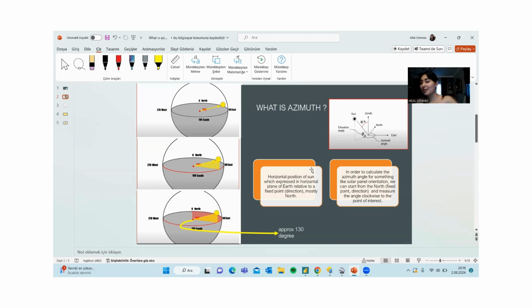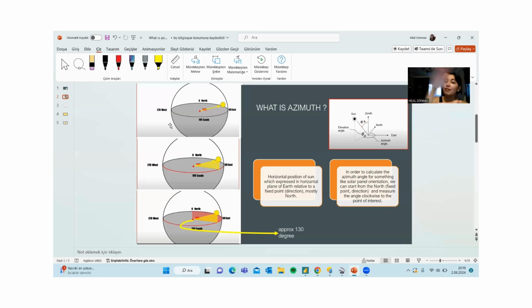But what I mean with that complex sentence is that, assume that Earth resembles a sphere, just like in this image. The 0 degree refers to the north, 90 degrees refers to the east, 180 degrees refers to the south, and 270 refers to the west. Assume that we are cutting this sphere right in the middle.